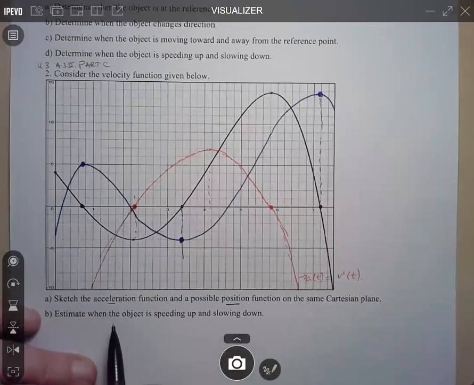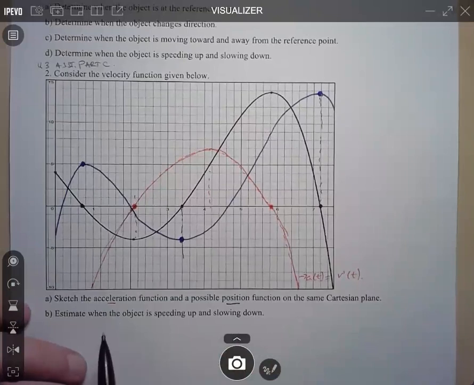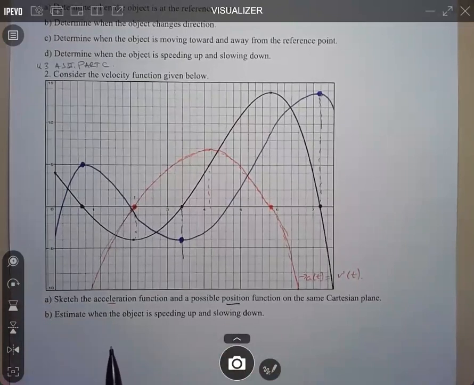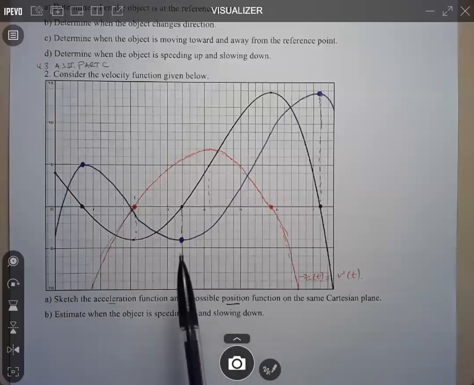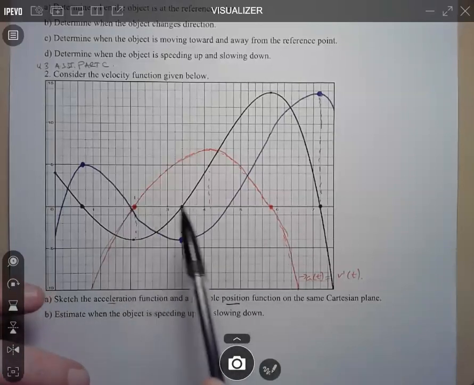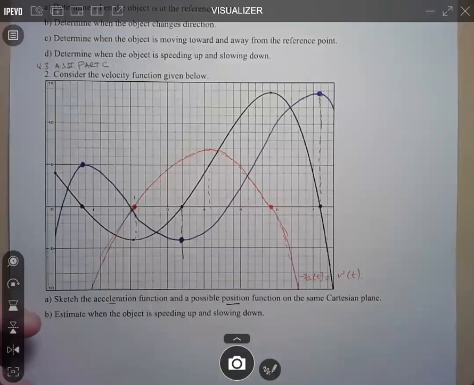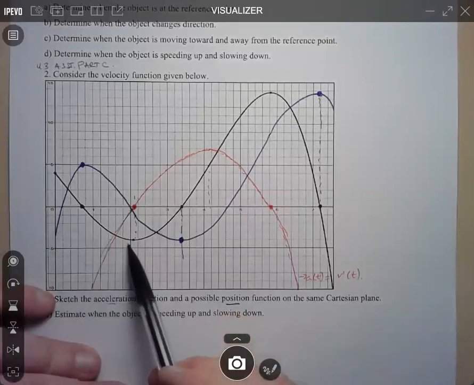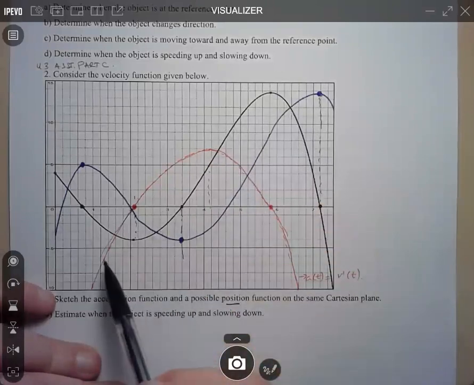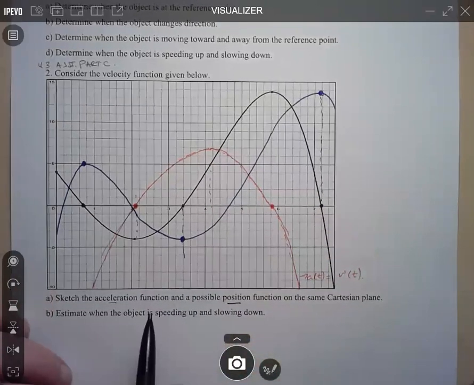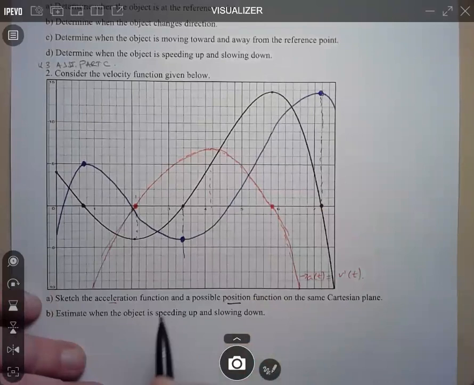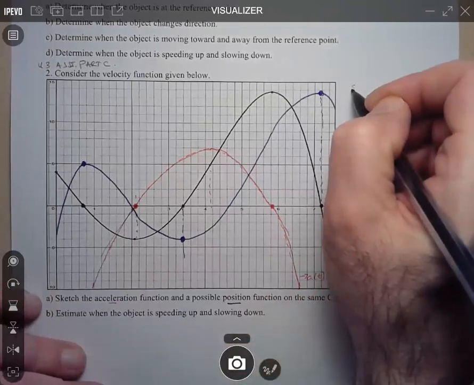It says, estimate when the object is speeding up and slowing down. I already have the derivatives and the original position function, but I could have done this question just with the velocity function. So what do we have to show in order for an object to be speeding up? Let's remind ourselves.